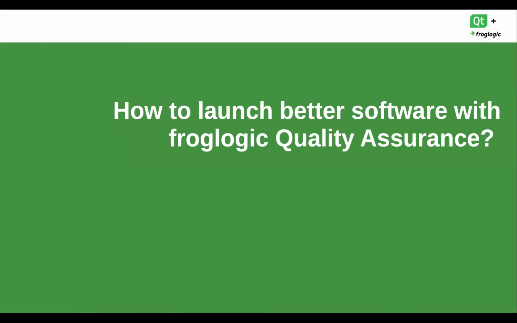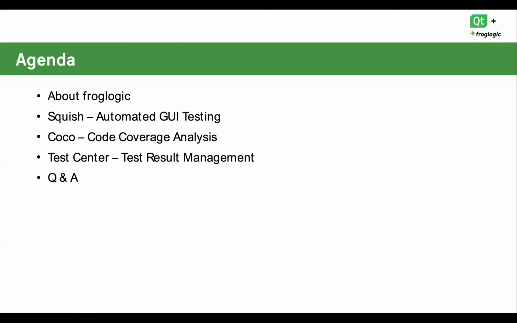Okay, thank you. Then let's get started. So today in this webinar, we will just say a few words about who we are for those who have not heard about us yet. And then we will dive into the three products which we are offering and which are now part of the Qt company. So that would be probably our most known product, Squish, for automated GUI testing.